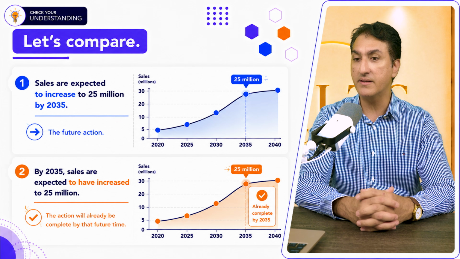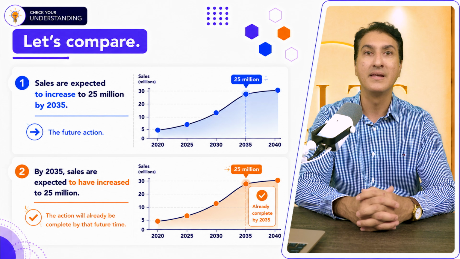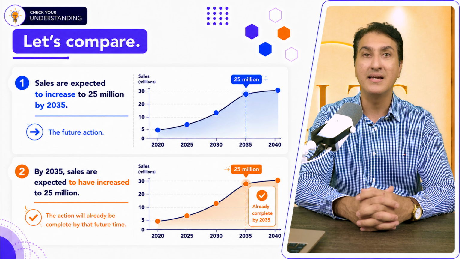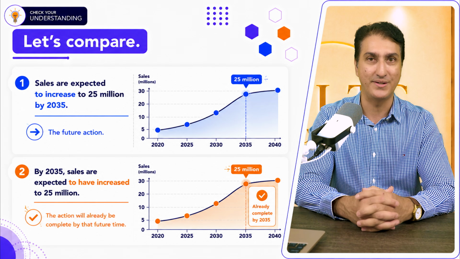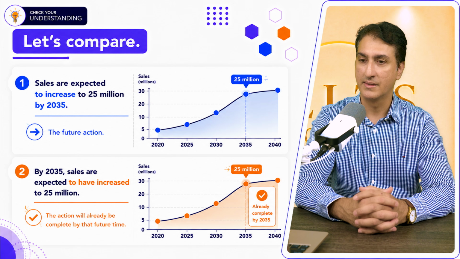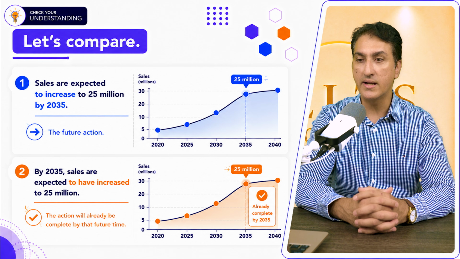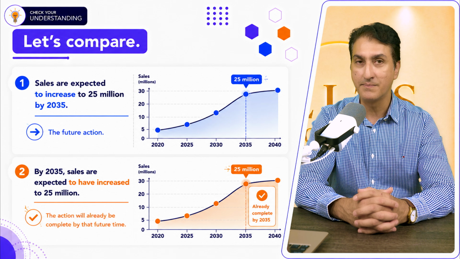Sales are expected to increase to 25 million by 2035. This sentence focuses on the future change. It tells us what's expected to happen in the future. Now look at the second sentence. By 2035, sales are expected to have increased to 25 million.